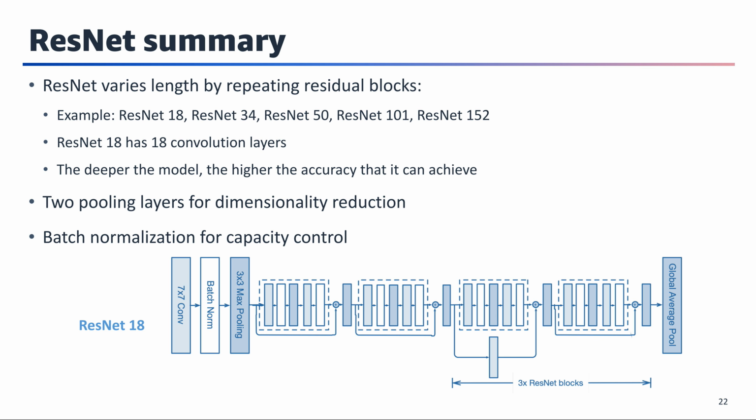Generally, deeper models can achieve higher accuracy, but at the cost of increased computational complexity. The ResNet architecture employs two pooling layers for dimensionality reduction, which helps to downsample the feature maps and reduce the spatial dimensions. Batch normalization is also used for capacity control, which helps to stabilize the training process and improve the model's performance.